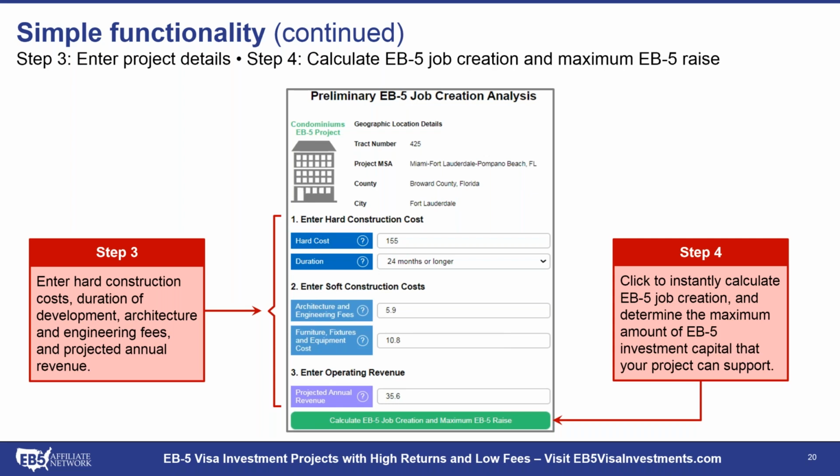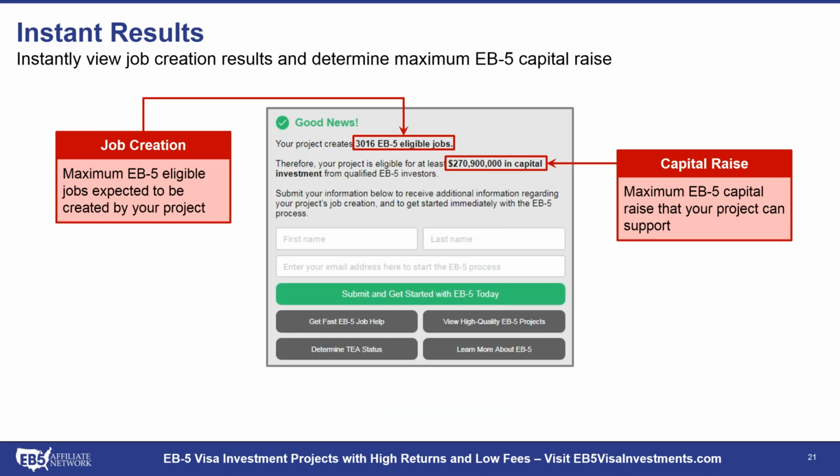Then once you've got all that information entered, you just hit the green button at the bottom, calculate EB5 job creation and EB5 raise, and it'll tell you how many jobs the project creates based on the numbers that you've entered.